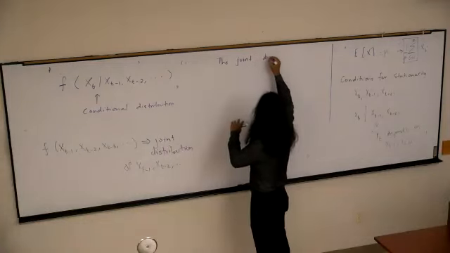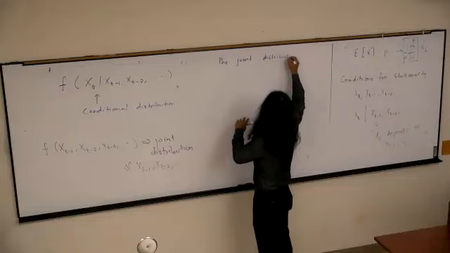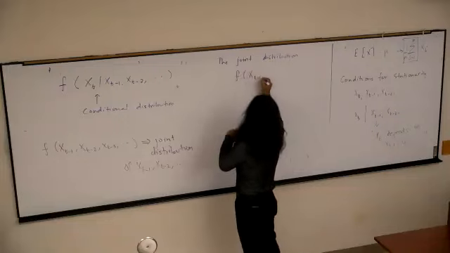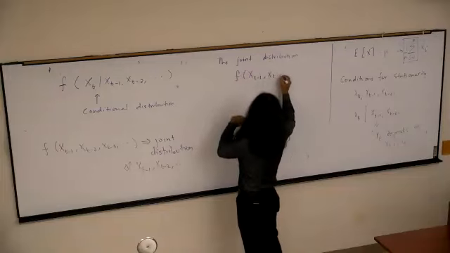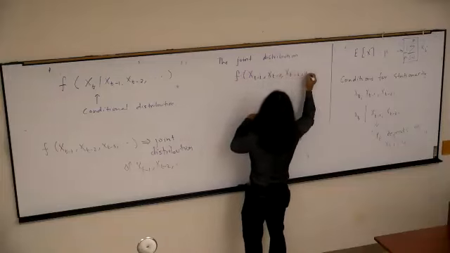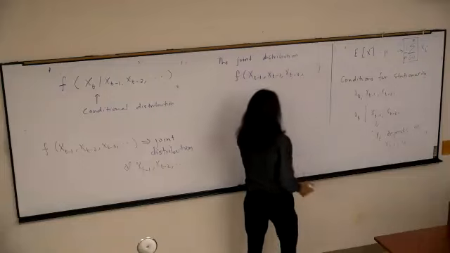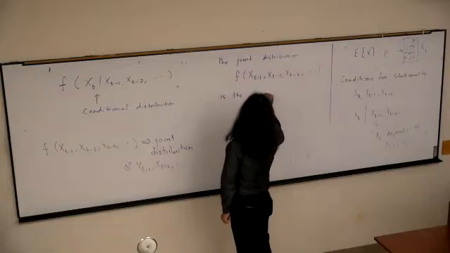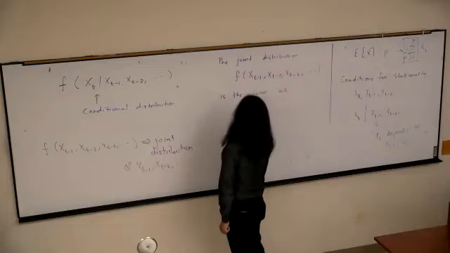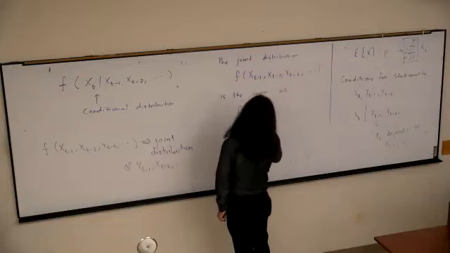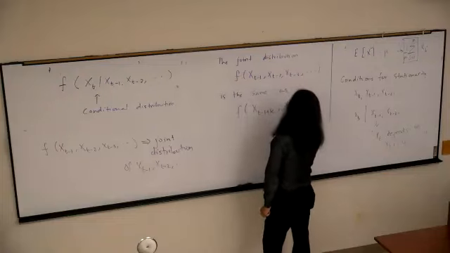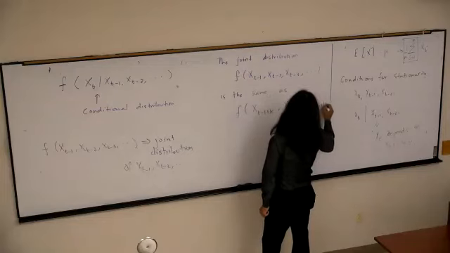The joint distribution of Xt-1, Xt-2, Xt-3, and it keeps on going, is the same as Xt-1+k, Xt-2+k, Xt-3+k, and so on.